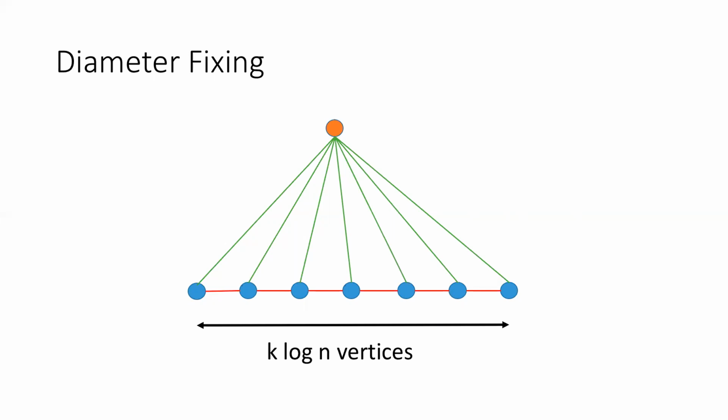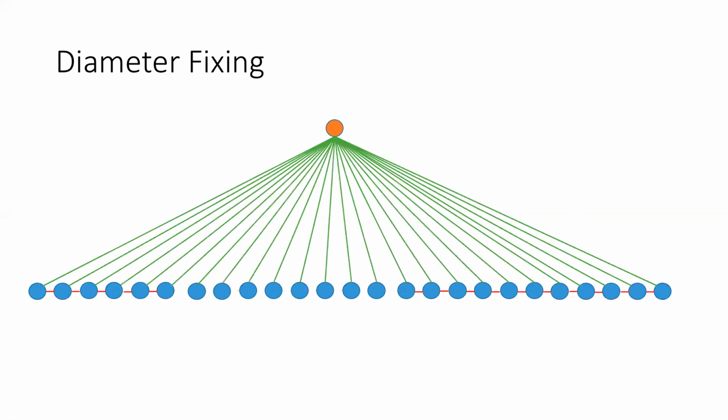So in this case, we show that with high probability, at least one green edge will stay. And we call the corresponding nodes selected nodes. So what if the base graph is a very long line that contains much more than k log n vertices?